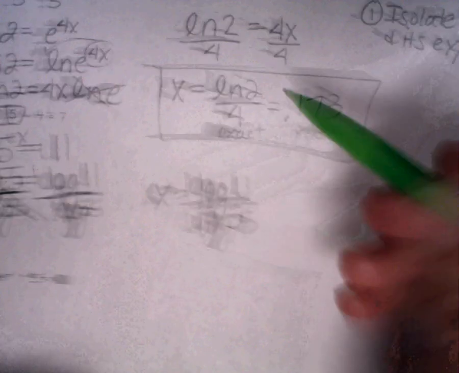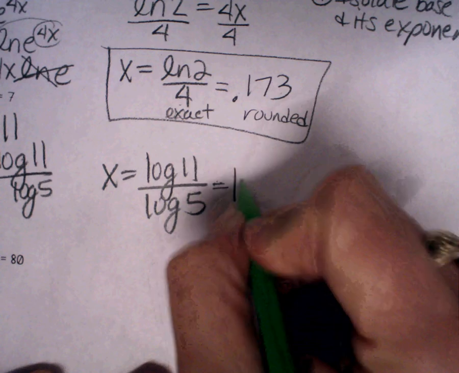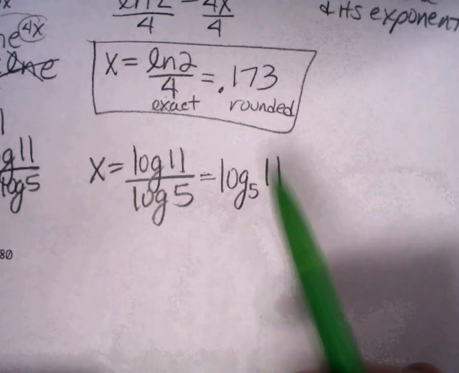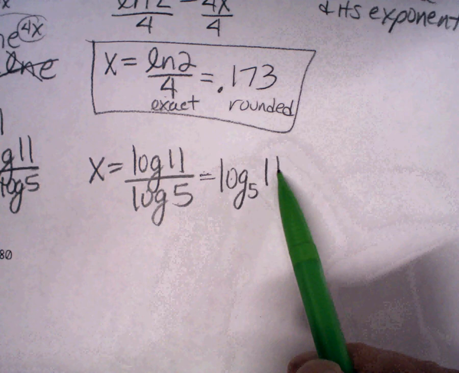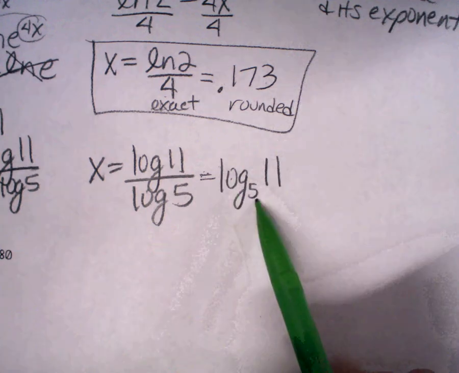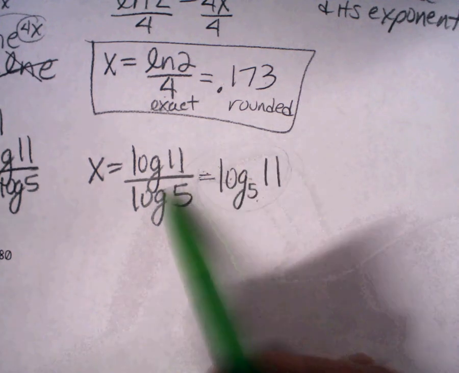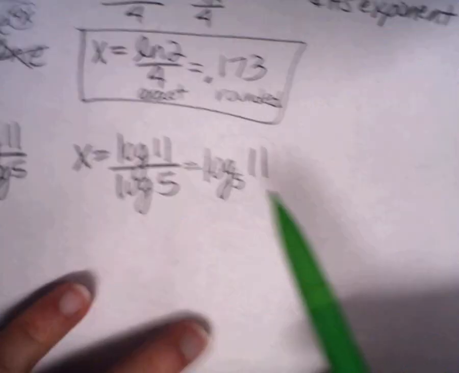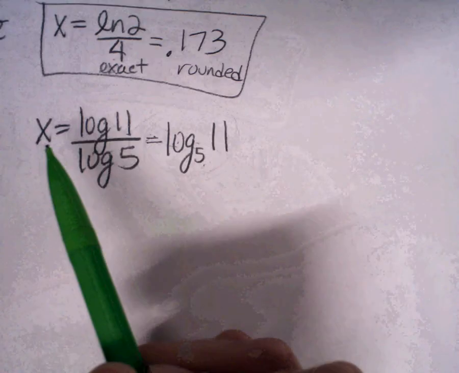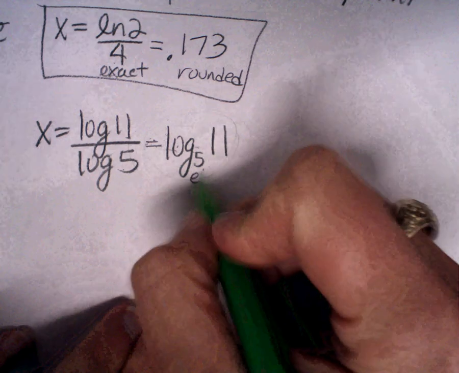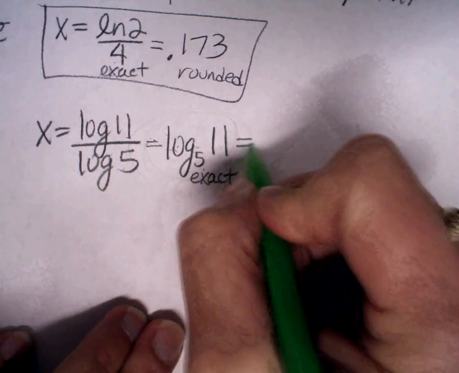Well, this can be written as log base 5 of 11. We learned that in order to type this in the calculator, it would be log 11 divided by log 5. This is how I want you to write it. This is something we've done in the calculator before, and if you may have forgotten, you have. So this is the exact.